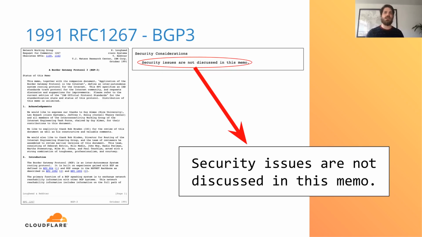And you again see the same thing in RFC 1267, which defines the latest iteration of BGP, BGP3. In 1991, they explicitly mentioned in their security considerations that security issues are not discussed in this memo. Unfortunately, security was considered out of scope because, again, everyone knew each other, so it was just a basic relationship of trust.